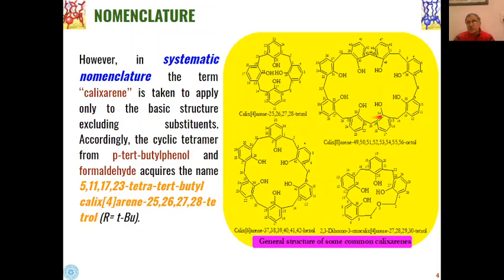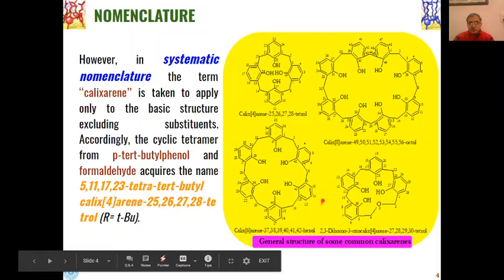Similarly, this is formed by the combination of 8 phenolic moieties, 1, 2, 3, 4, 5, 6, 7, 8, joined by methylene groups. So this is calix[8]arene, and the positions at which the hydroxyl groups are present are 49, 50, 51, 52, 53, 54, 55, 56.